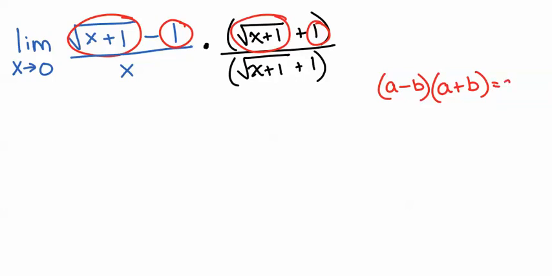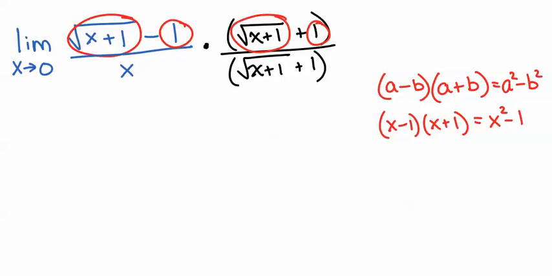So I know that's going to equal A squared minus B squared. For example, x minus 1 times x plus 1 is x squared minus 1 squared, which is 1.